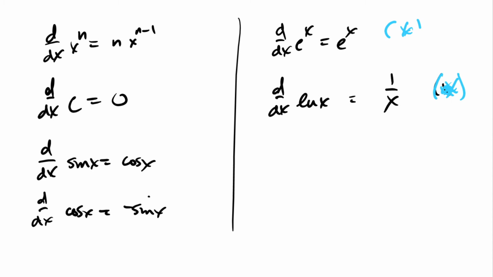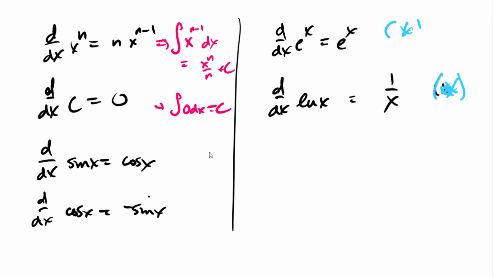And that's basically the knowledge that you need coming into the class: these derivatives. And if you know the derivatives, you know the integrals, because the derivative of x to the n being equal to n x to the n minus 1 implies that the integral of x to the n minus 1 dx is equal to x to the n over n. And the derivative of c being 0 implies that the integral of 0 is c.